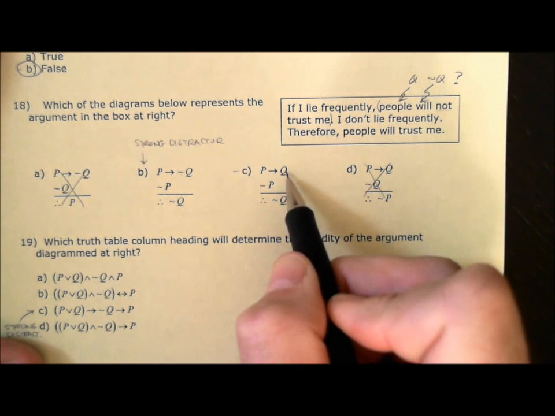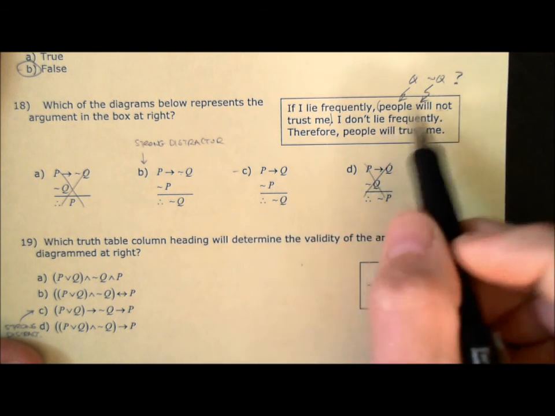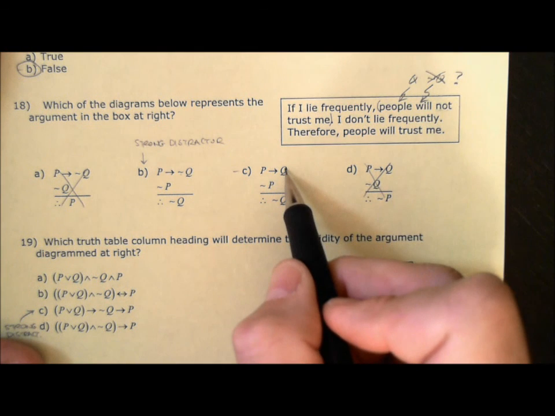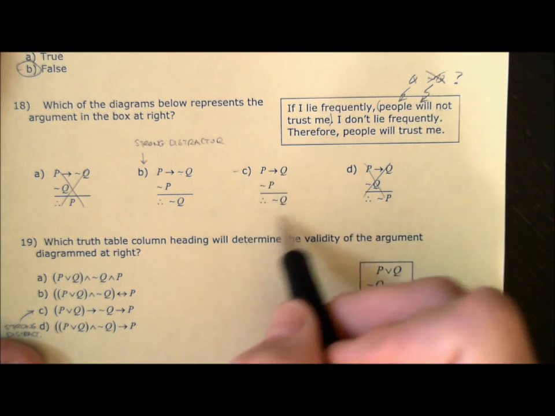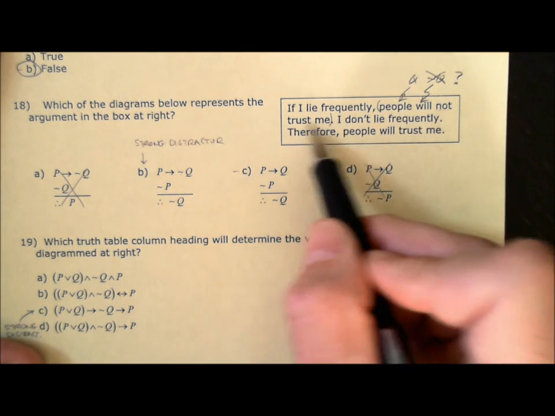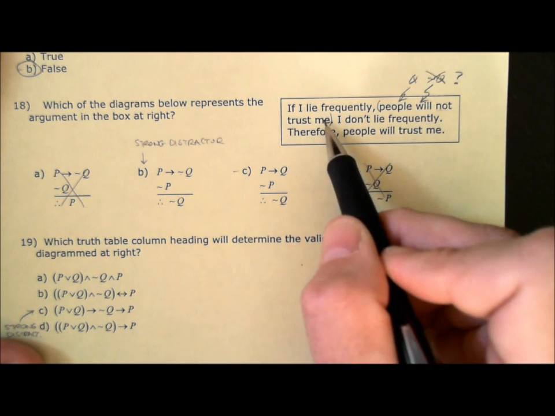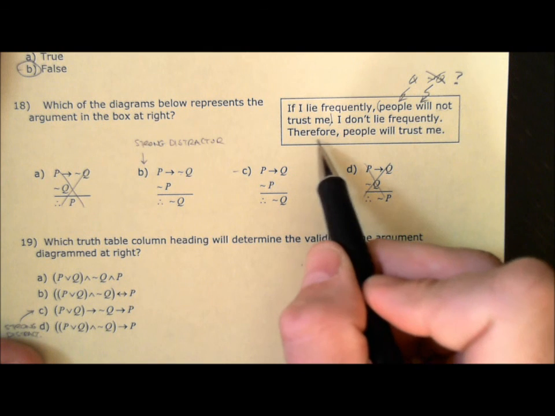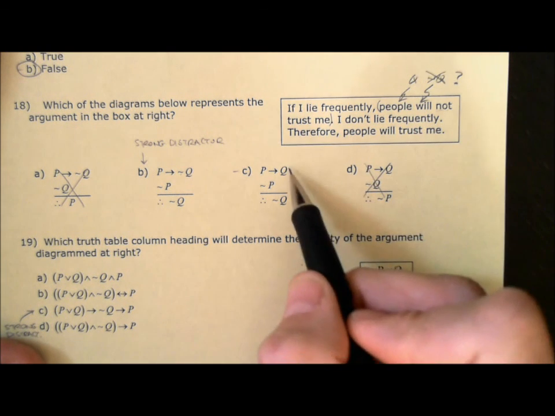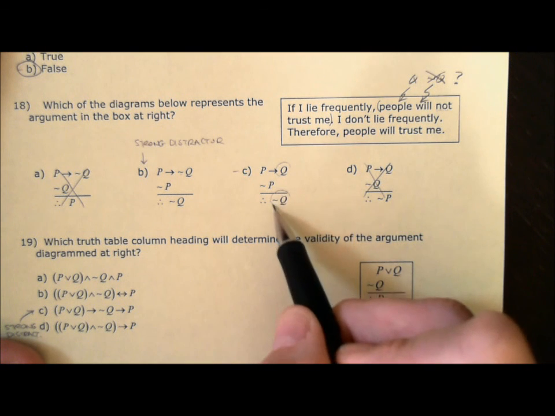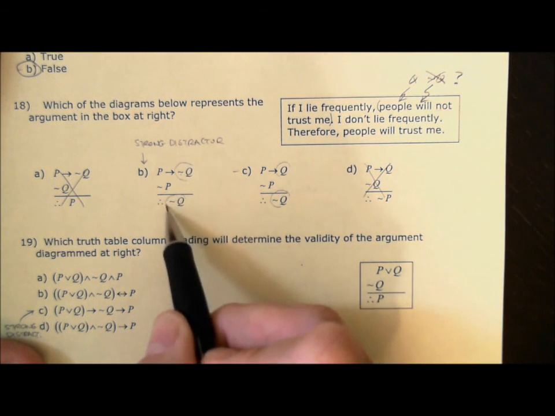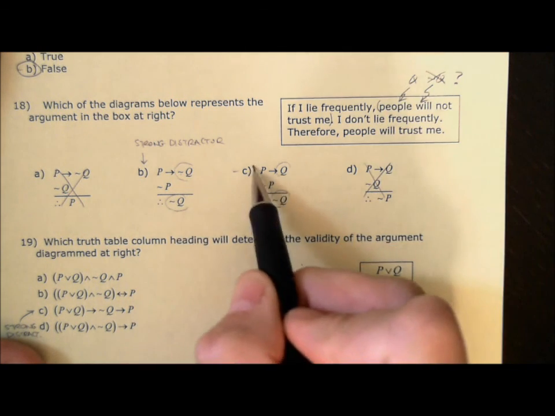In fact, the correct answer has Q as the statement, people will not trust me. And you can see the reason why this is the choice is because we know that the second part of the first premise, people will not trust me, has the opposite value of the conclusion, people will trust me. So I know that whatever's here and here have to be negations of each other, and you can see in this case that's not true. So the correct answer here would be C.